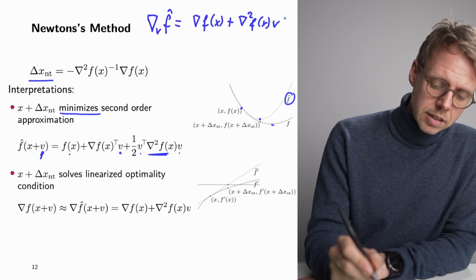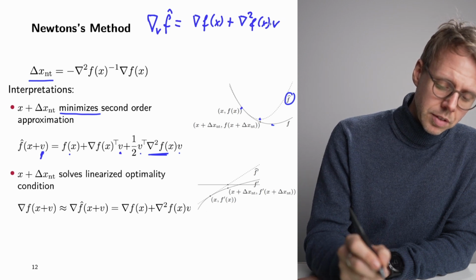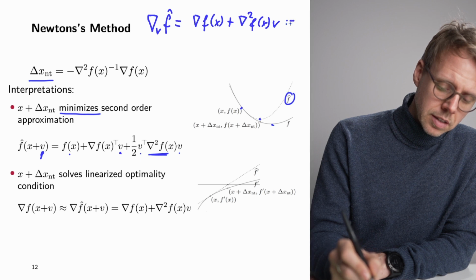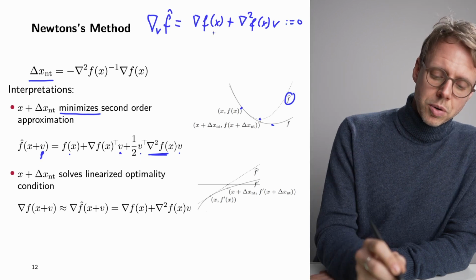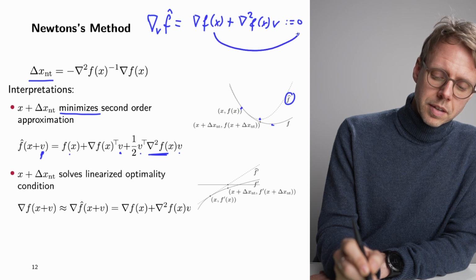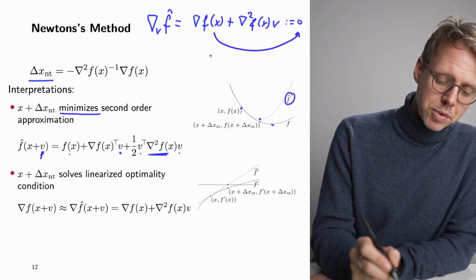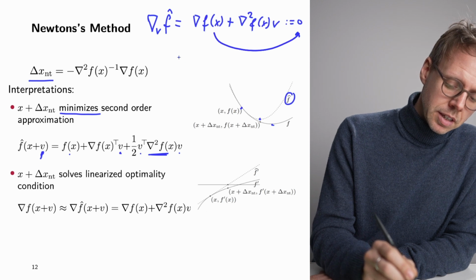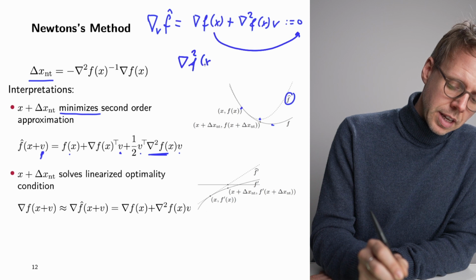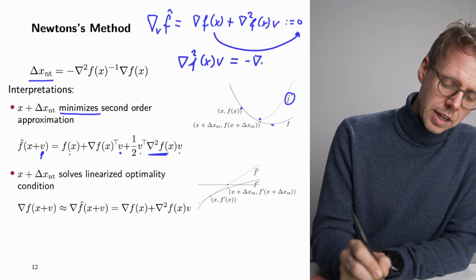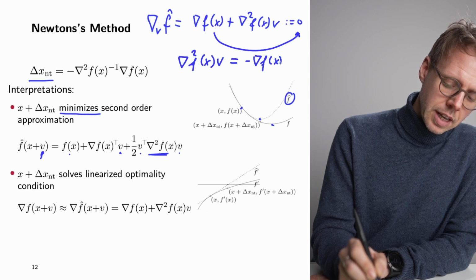Now we set this to 0, which means we bring the gradient to the right side by subtracting the gradient, and thus the Hessian of f of x times v equals minus the gradient of f of x.